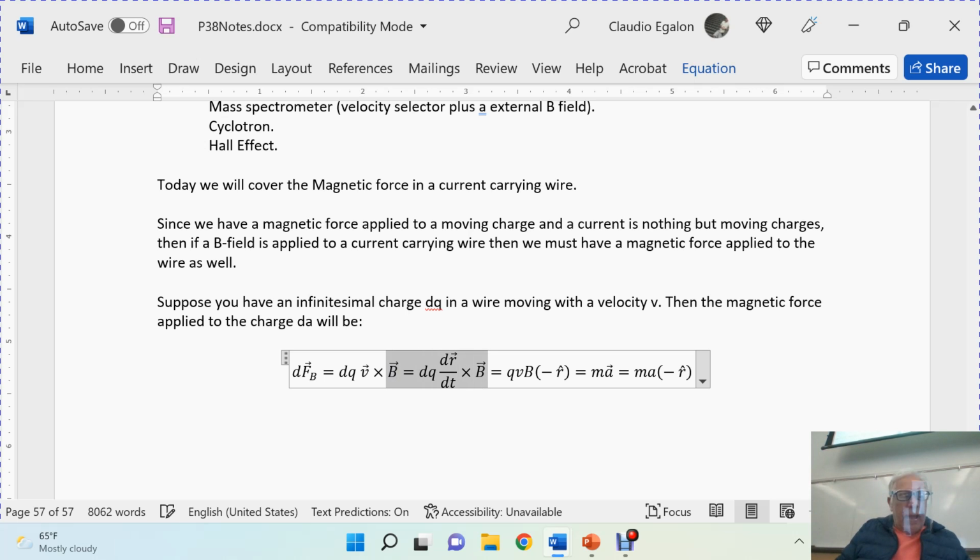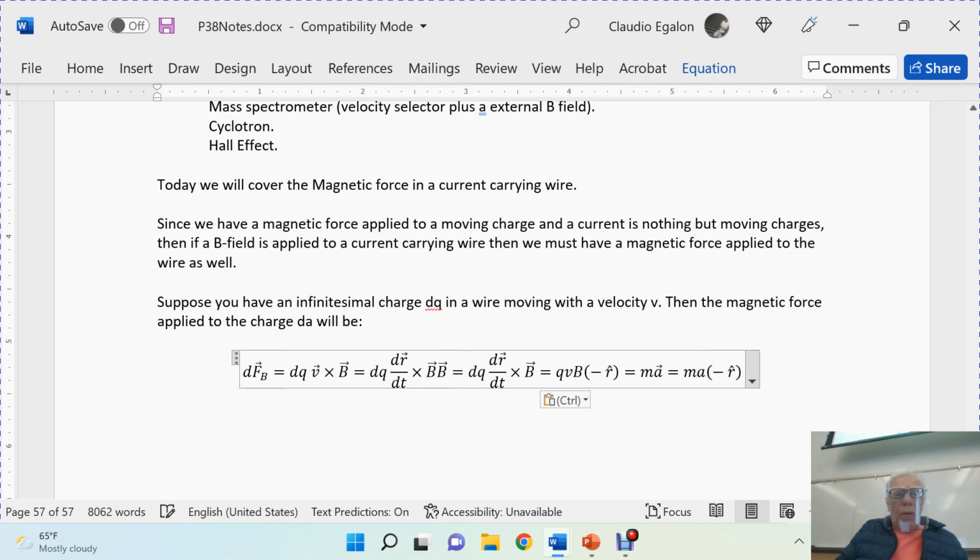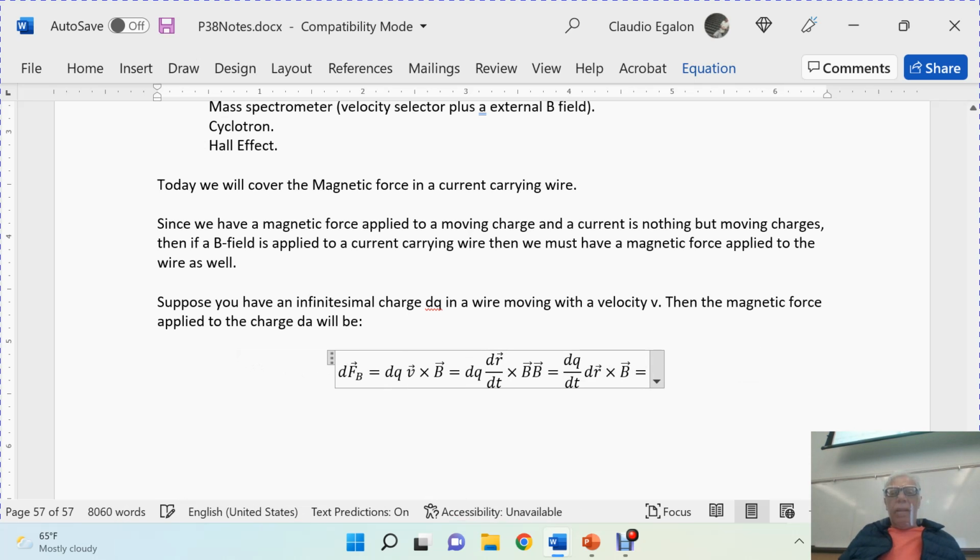Next we commute the dt, take it out from the dr and put it below the dq. dt is a scalar, an infinitesimally small scalar, but we can still do that.